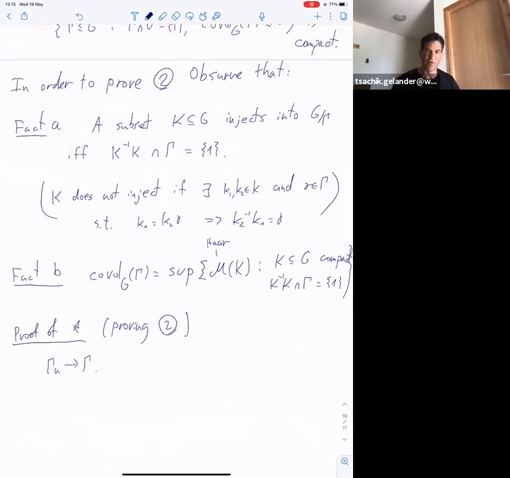We need to show that the co-volume of gamma is at most the limit of the co-volume of gamma n. So let K in G be compact such that K inverse K intersect gamma trivially.